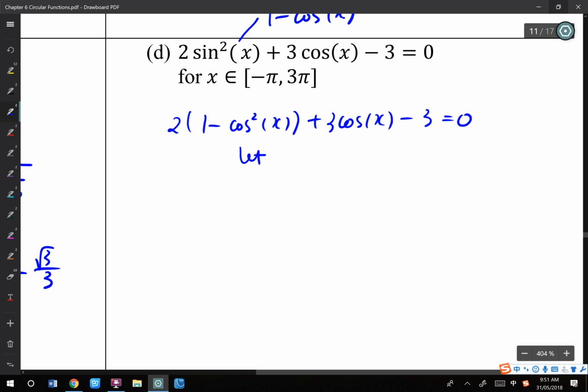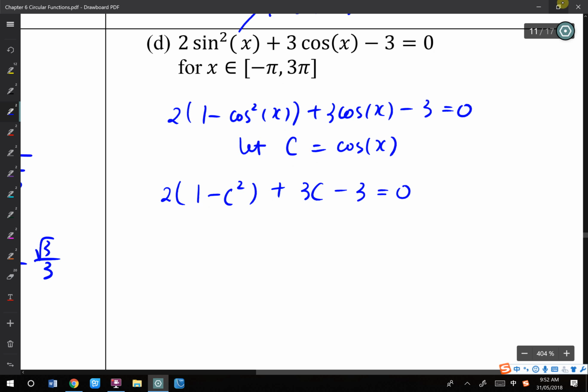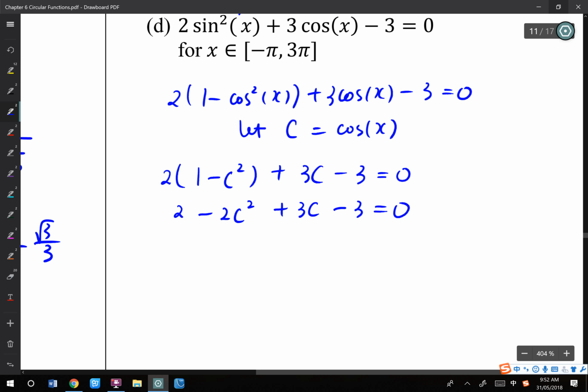And it's back to type number 2. So let c equal cosine x. What I have is 1 minus c squared plus 3c minus 3 equals 0. That's 2 minus 2c squared plus 3c minus 3 equals 0. Then, that's a minus 1, so 2c squared minus 3c plus 1 equals 0.